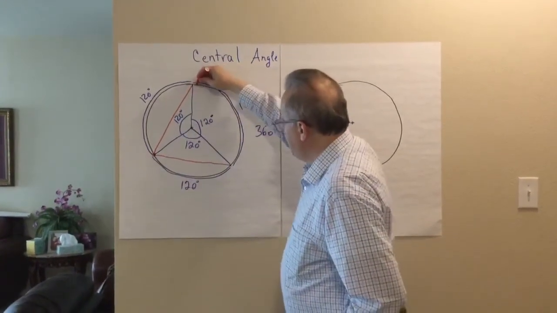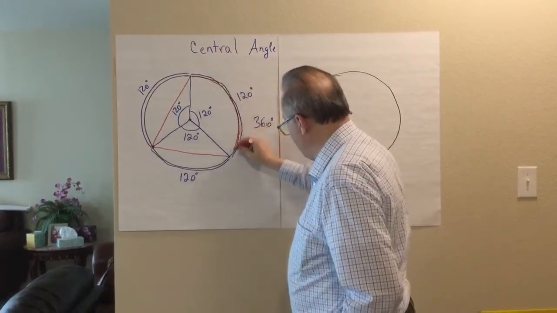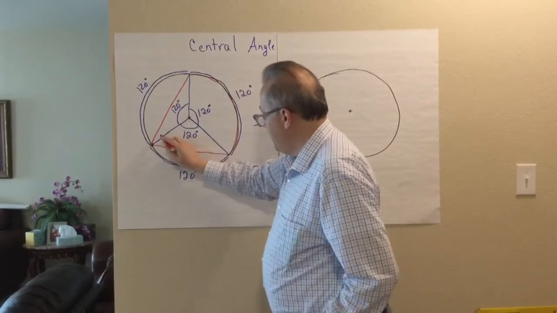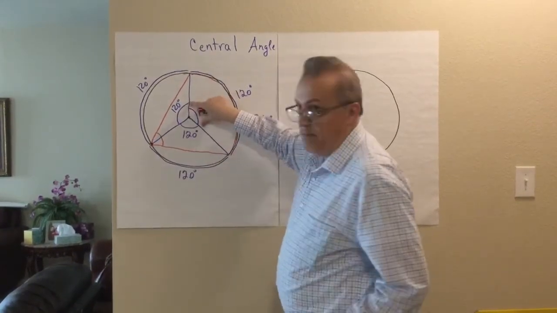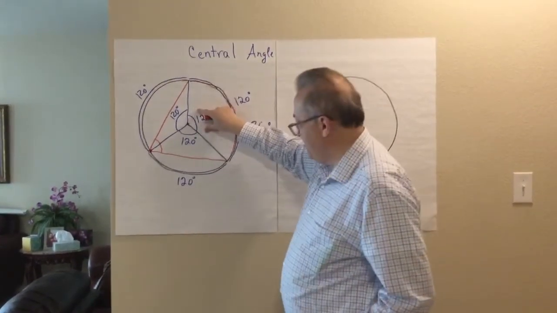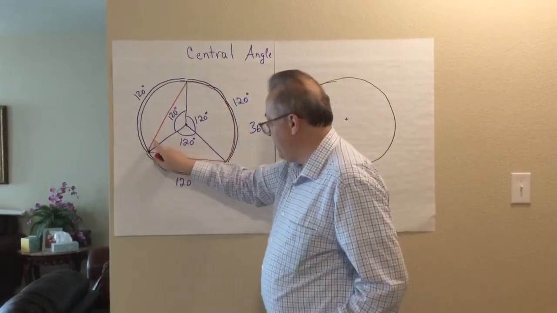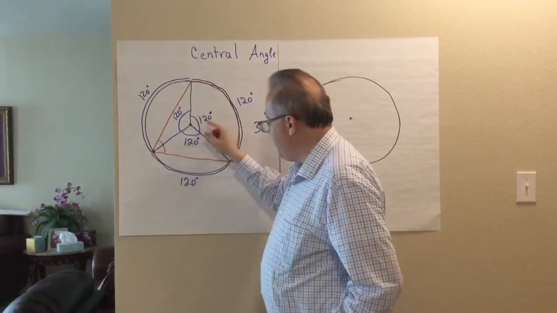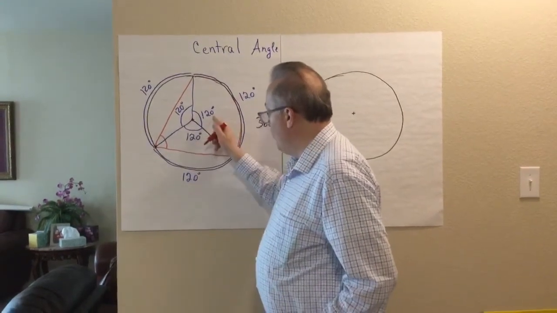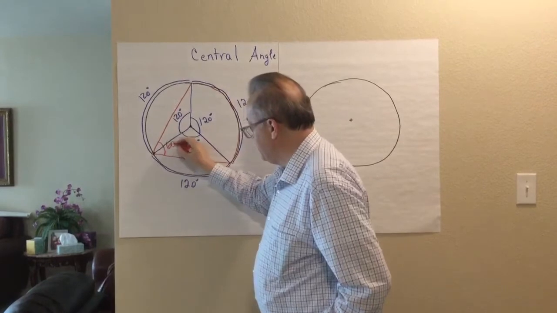And it intercepts the same arc. But this angle right here is going to be smaller. Do you see how big the crocodile mouth is here? The crocodile mouth here is a little smaller. It's actually half of 120, it's 60 degrees.